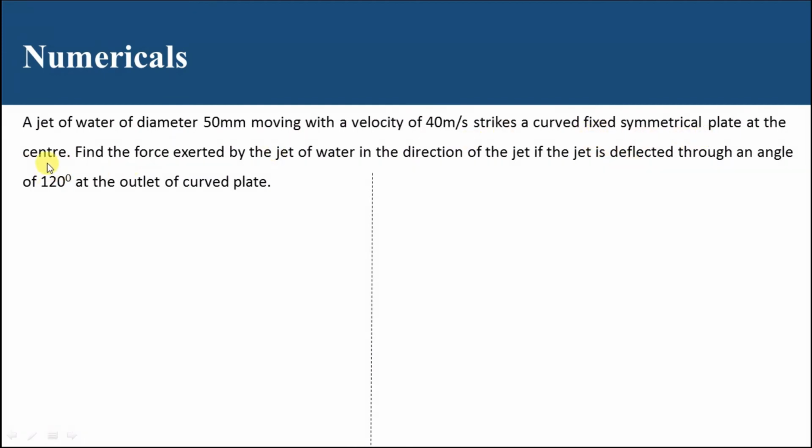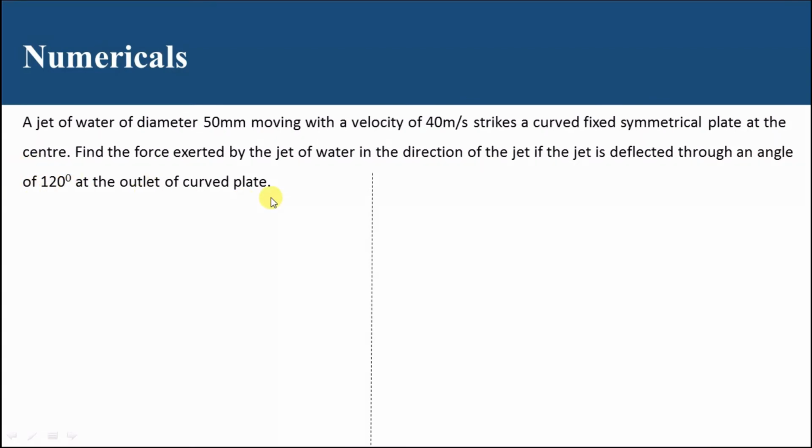Find the force exerted by the jet of water in the direction of the jet, that means Fx, if the jet is deflected through an angle of 120 degree at the outlet of the curve plate.